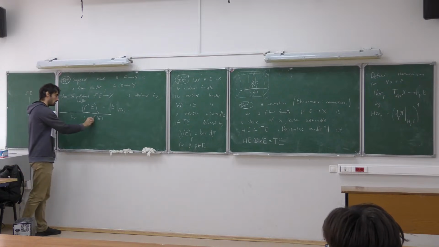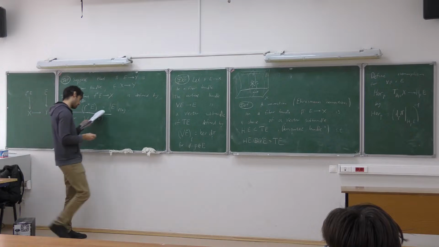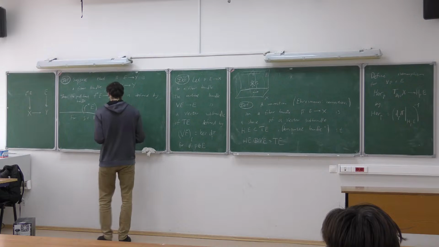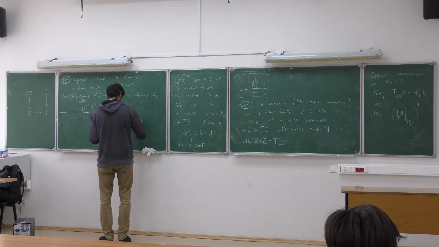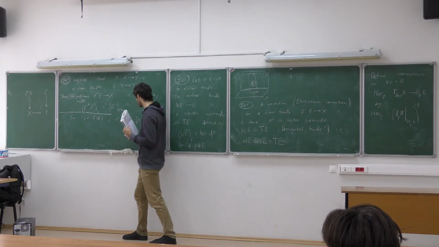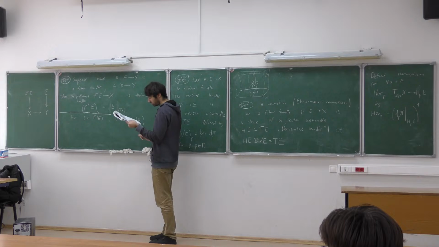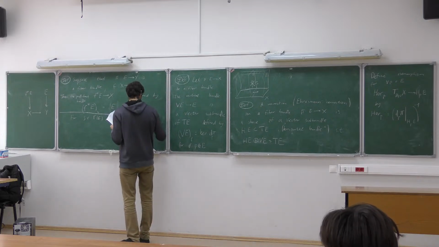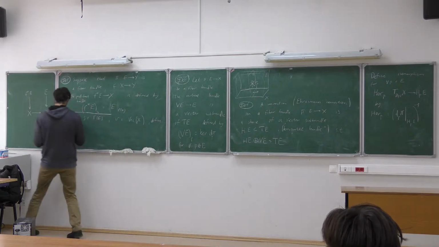Then let me take V, a vector field on X. So E is a fiber bundle over X, and I take a section of E and a vector field.